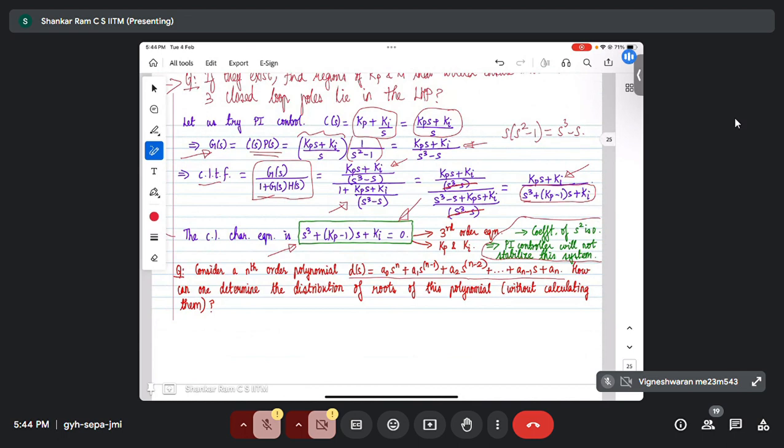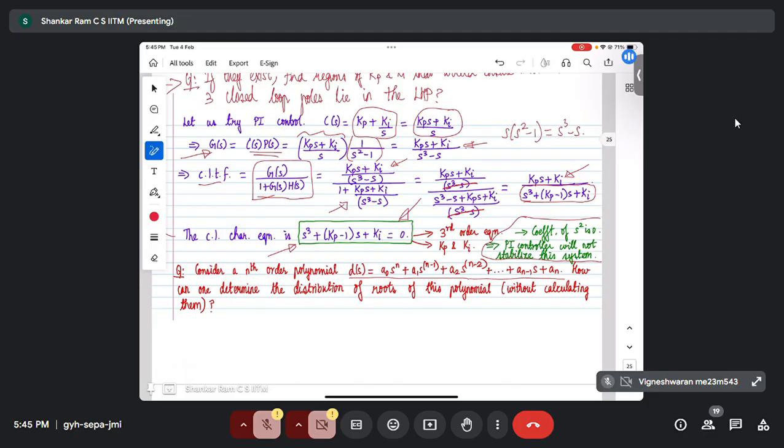We could observe that this is a third order equation with two parameters Kp and Ki. Now if we apply the Routh criteria, we can observe that the s cubed coefficient is plus 1, but there is no s squared term, so the coefficient of s squared is 0. Consequently, the necessary condition is violated. So we don't even need to construct the Routh array.